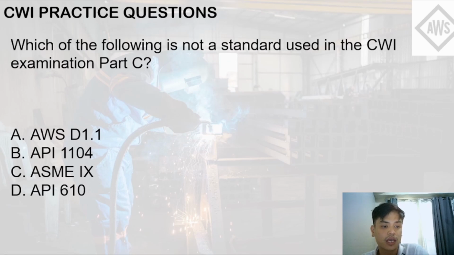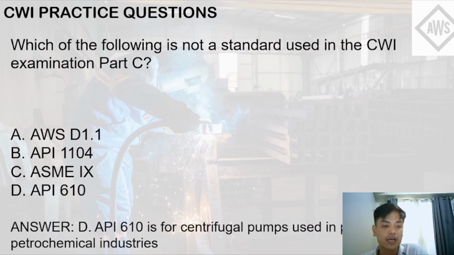And letter D, API 610, is for centrifugal pumps for petroleum and petrochemical industries. So the answer here is letter D, API 610. This is not used as a standard in the open book part of the CWI exam.